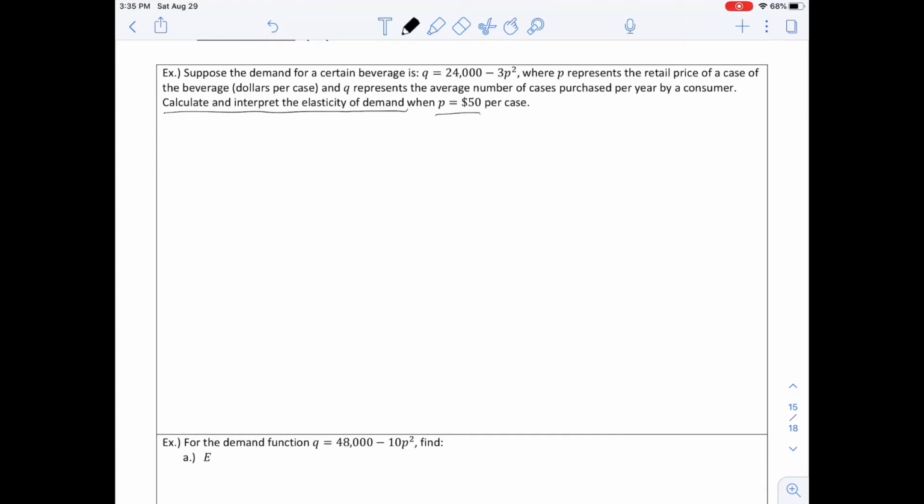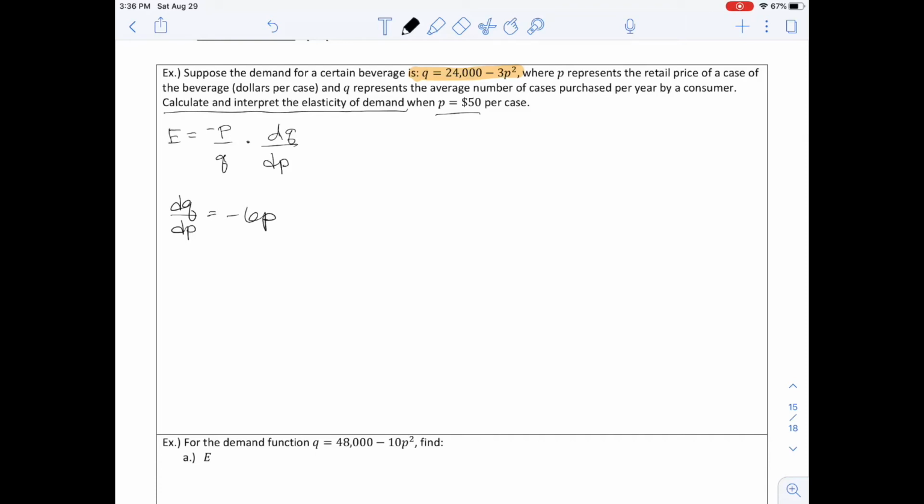So the first thing that I notice is that we are given the demand function. Q is equal to 24,000 minus 3P squared, and P is going to be your price. In order to find our elasticity of demand, we need to look at that function. I'm going to write down the formula for elasticity: negative P divided by Q times dQ/dP. dQ/dP would be taking the derivative of Q, which we have been given, and the derivative of this is going to be negative 6P.